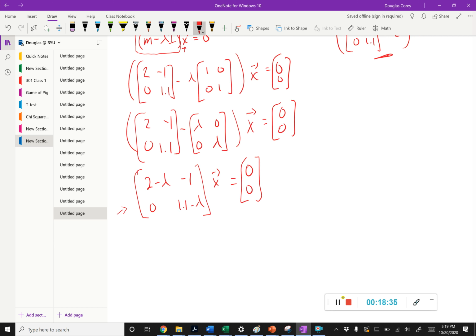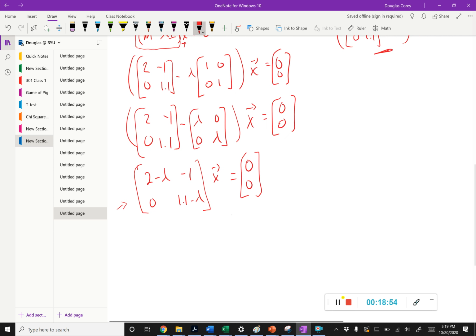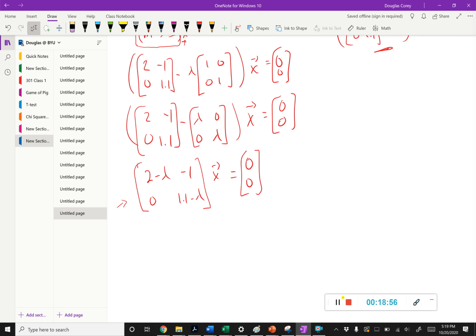If the determinant is not 0, then the null space of this matrix will just be the trivial solution. So if we want to have something besides x just equaling 0, 0, then we need to have a determinant that equals 0.